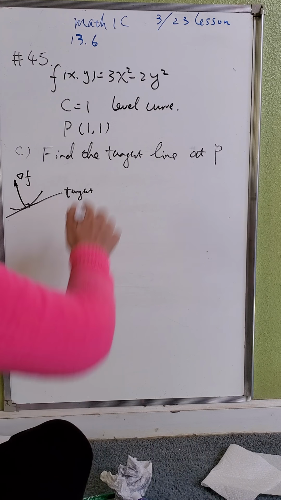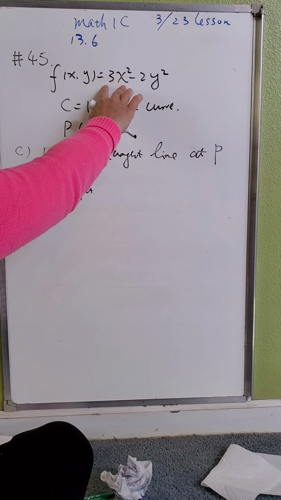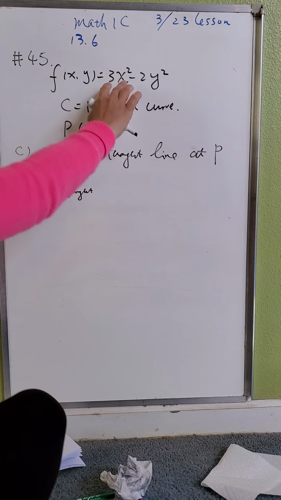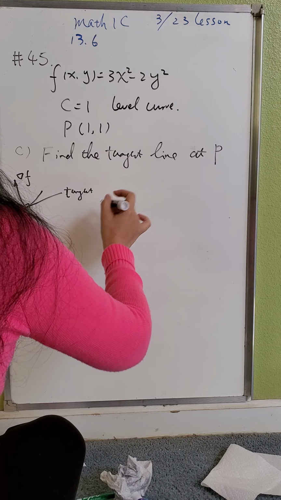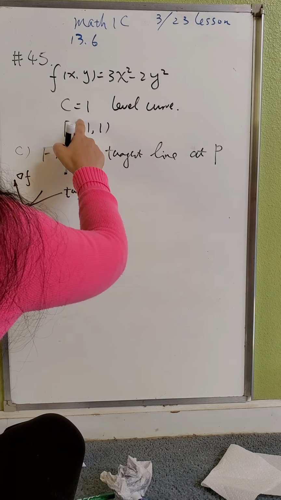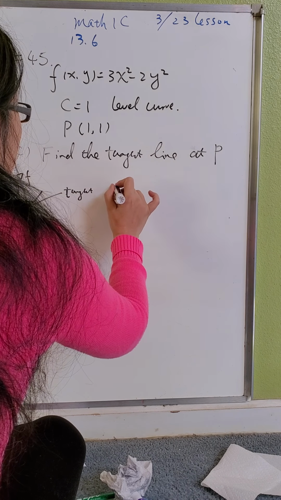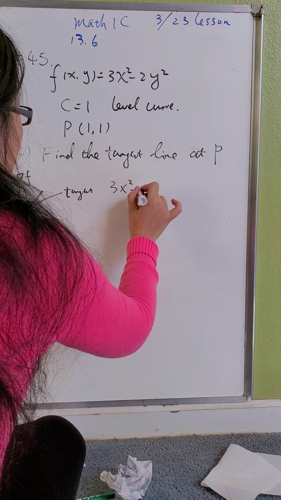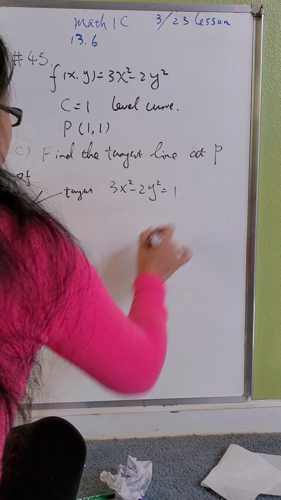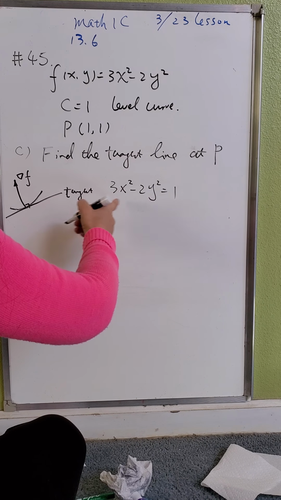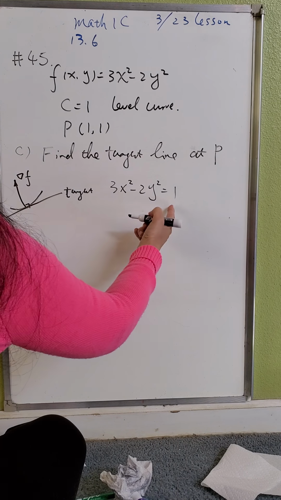So this one is just the first derivative. All right? So at the level curve 1, because it tells us 1, that means 3x squared minus 2y squared equals 1. We're going to implicitly differentiate this function here.